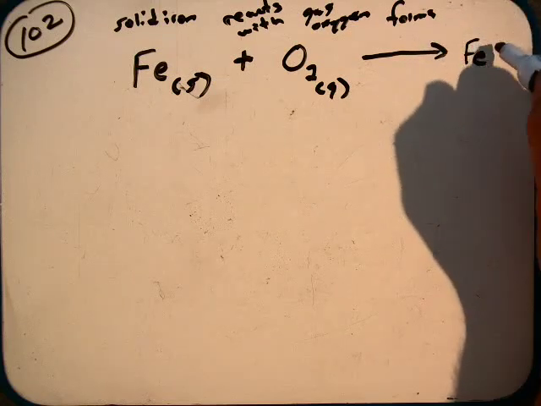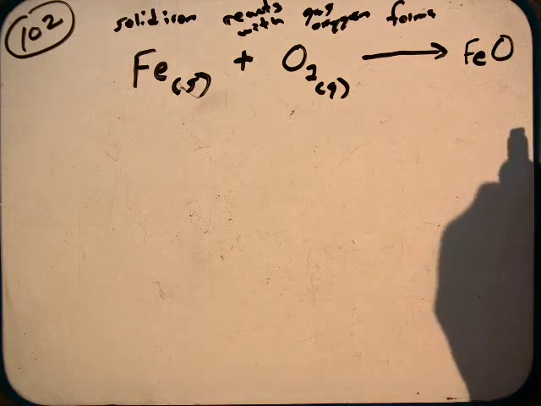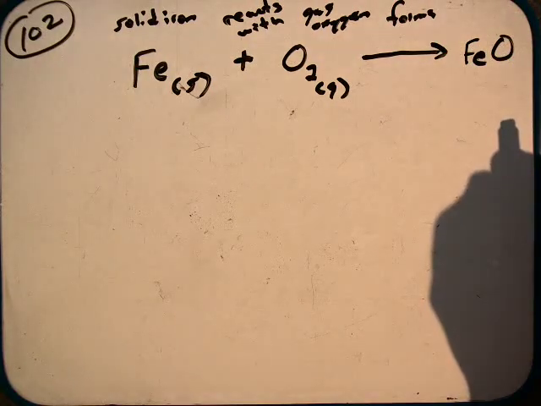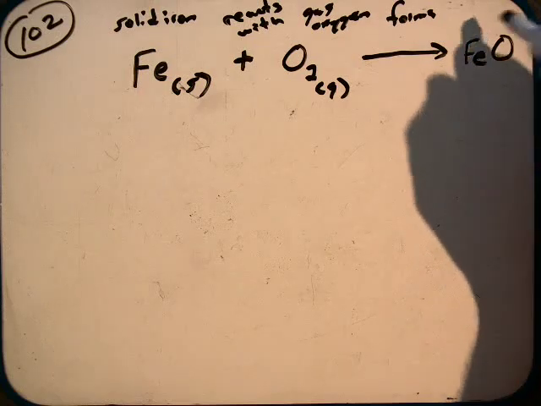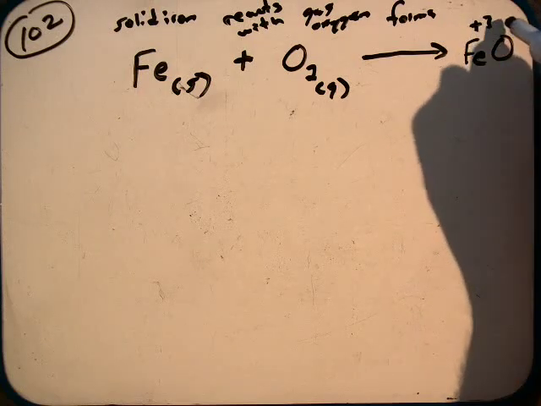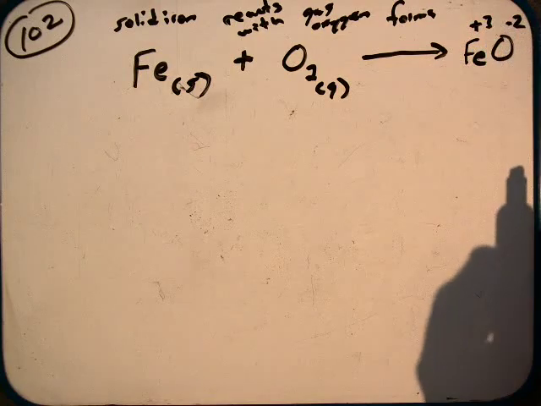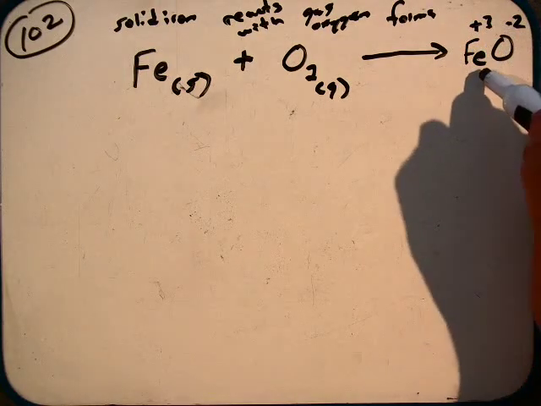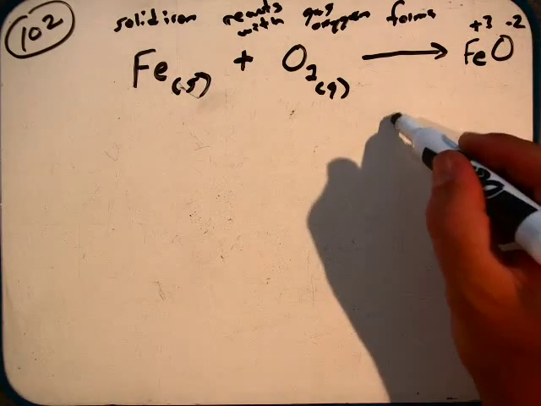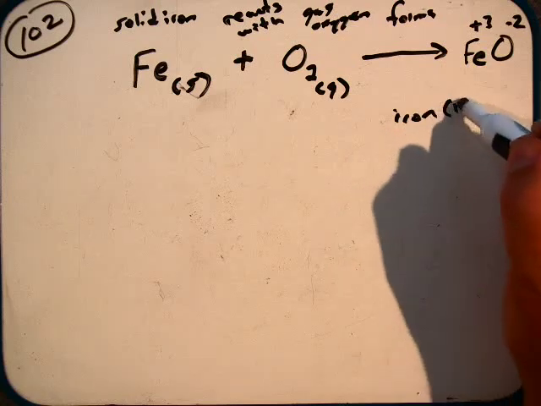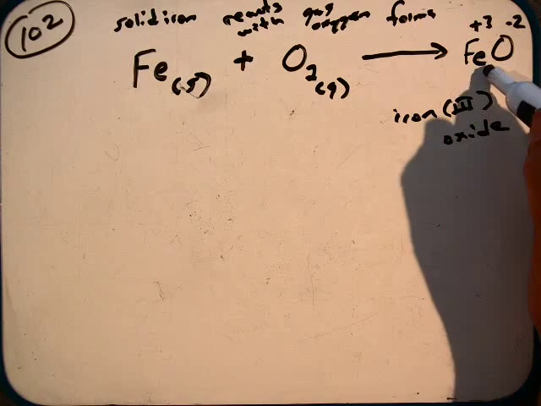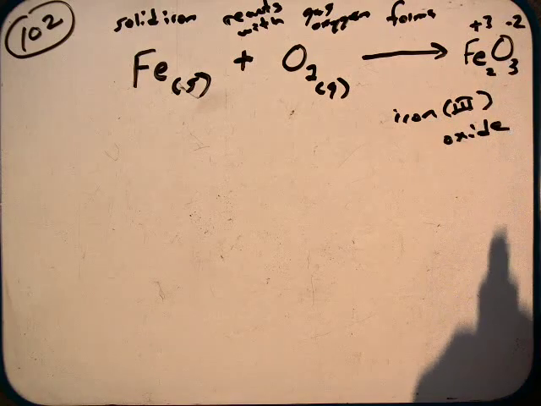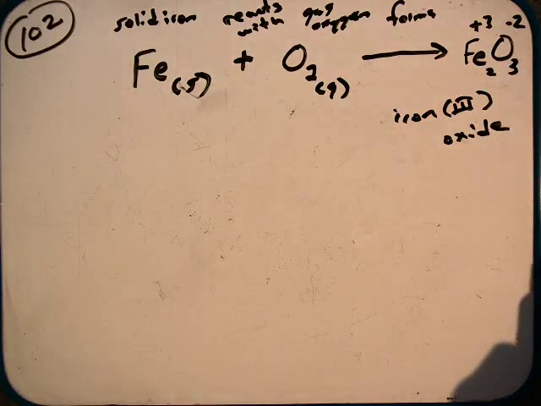So iron oxide would be FeO, but if Fe is in the +3 state, we have to remember that oxygen is in the -2 state. So that means our formula for iron 3 oxide would be Fe2O3, so that those guys cancel out.